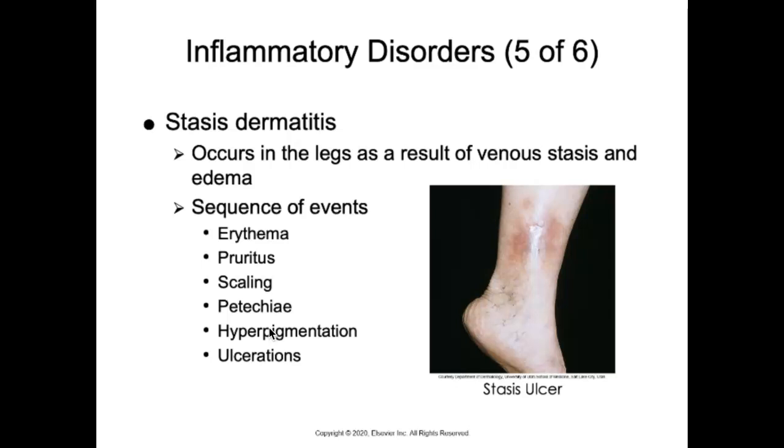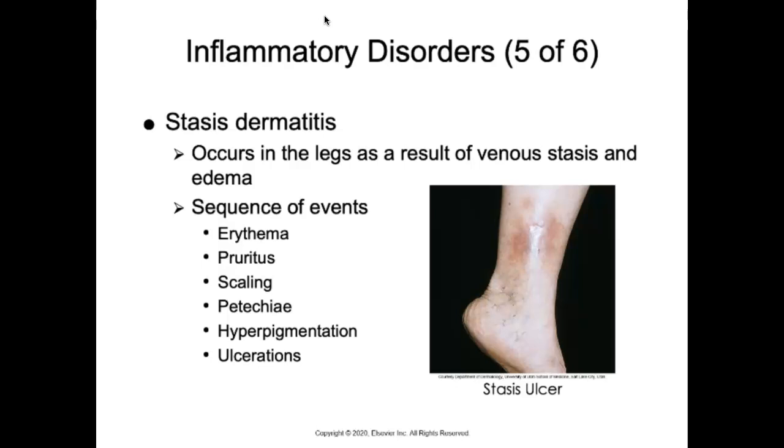Another inflammatory disorder is stasis dermatitis, and this occurs in the legs as a result of venous stasis and edema. So really within people that have varicose veins or phlebitis or vascular trauma, in which we have a pooling of that venous blood, and that tends to trap the neutrophils that can release oxidants and proteolytic enzymes.